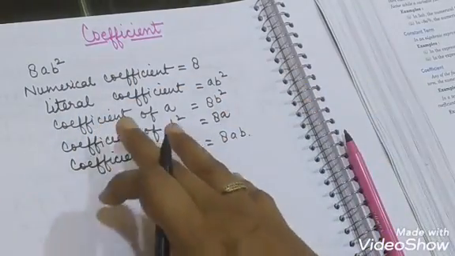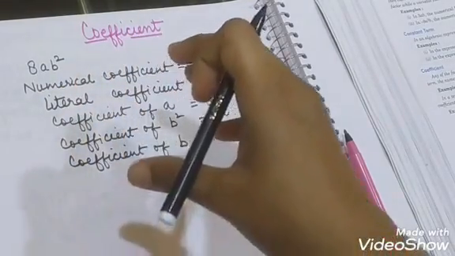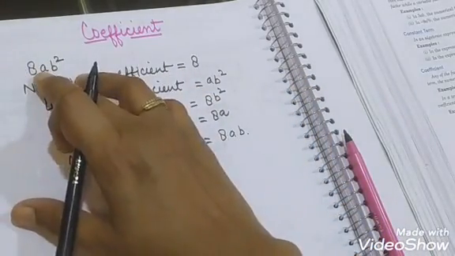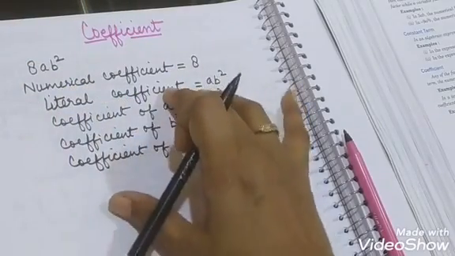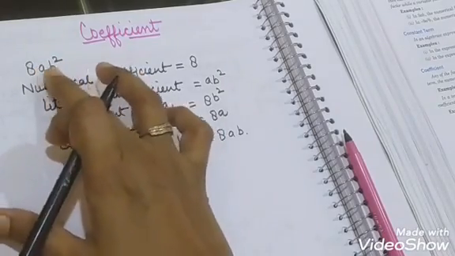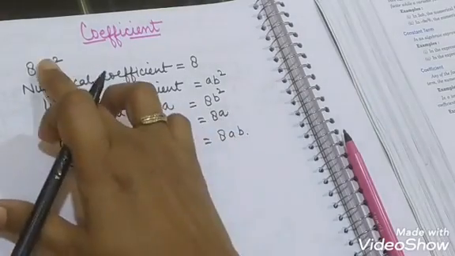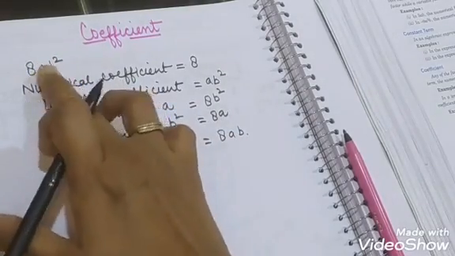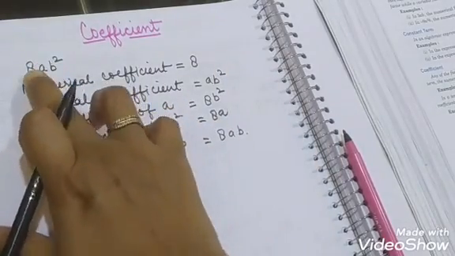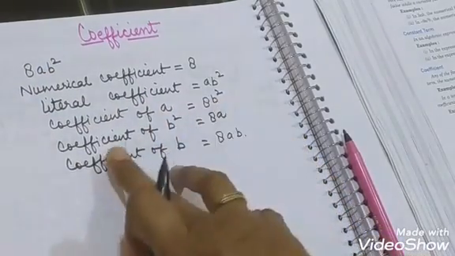If somebody is asking you the numerical coefficient, the numerical coefficient is the constant which is written with the literals. The numerical coefficient will be the constant 8. If somebody is asking what is the literal coefficient, the literal coefficient will be the alphabets, literals or variables, ab square. If it is asked what is the coefficient of a, hide the a. What is written along with a? 8b square is written with a, so the coefficient of a is 8b square.